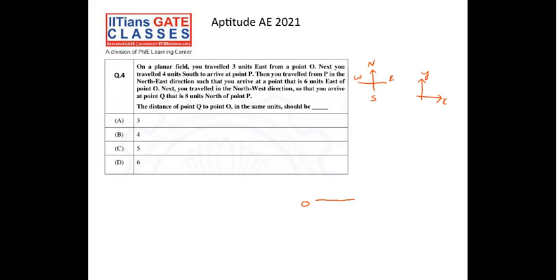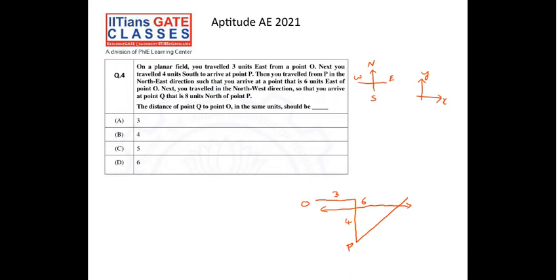So after traveling 3 units east, then I travel 4 units south to reach point P. So this is 3 units and this is 4 units. Then from point P, I travel in the northeast direction to reach a point which is 6 units away from point O. So this is 6.